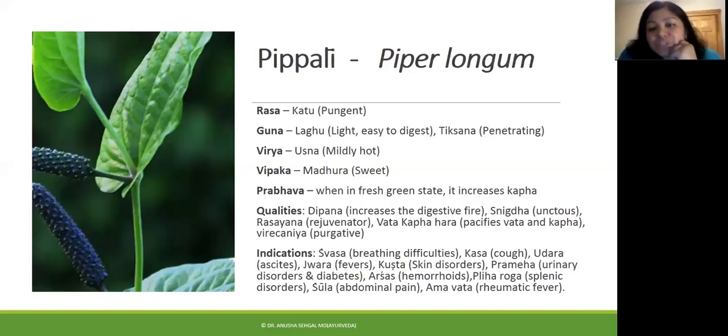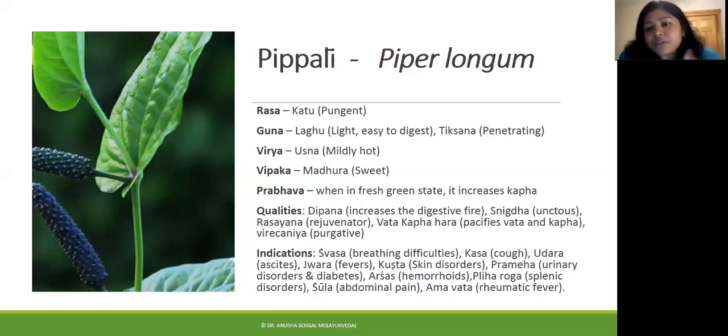The indications, as given in Bhava Prakasha, are the different diseases that this can be used in. So its indication is shwasa, which is breathing difficulties, any sort of breathing difficulty, which is basically looking at all sorts of variations or pathologies associated with the pranavata.